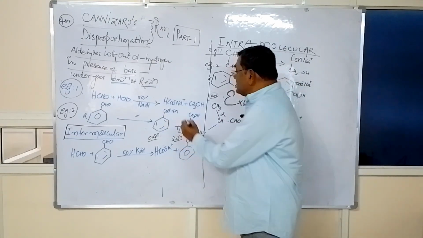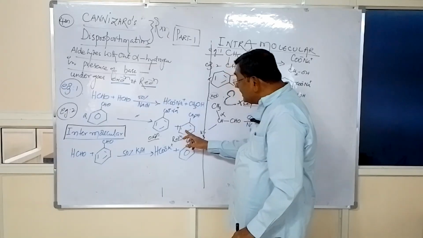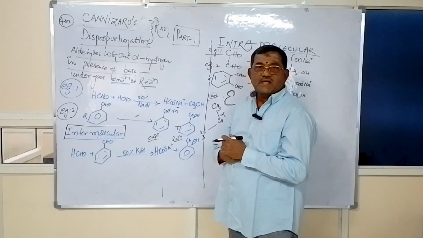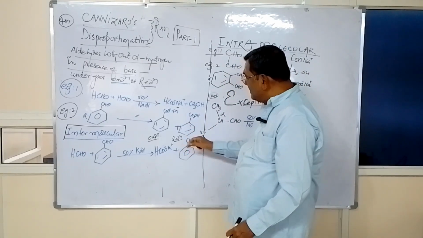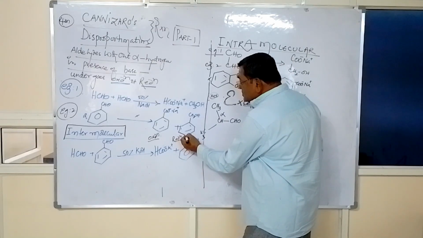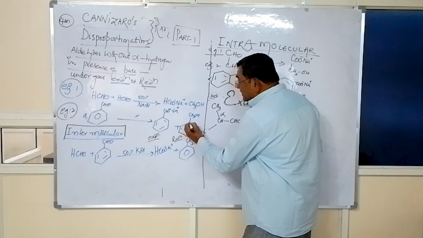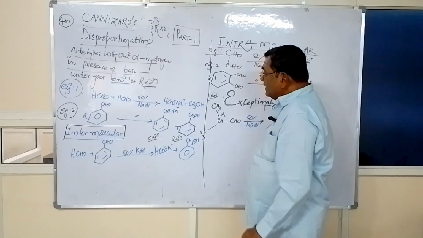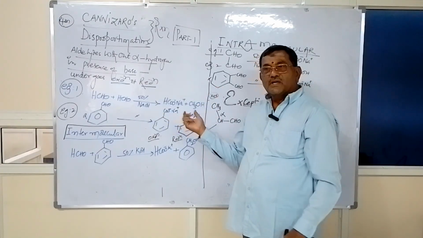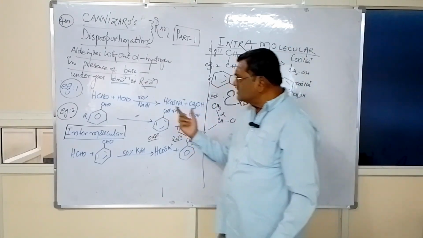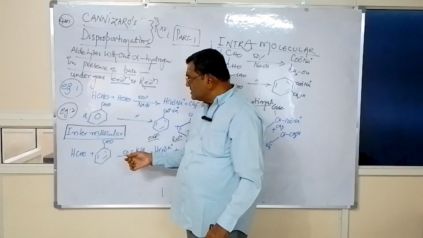This is sodium benzoate you are getting, and the next one is benzyl alcohol. So it's also one of the very interesting reactions, if the molecules are similar, either 2 moles or 2 molecules you can take.